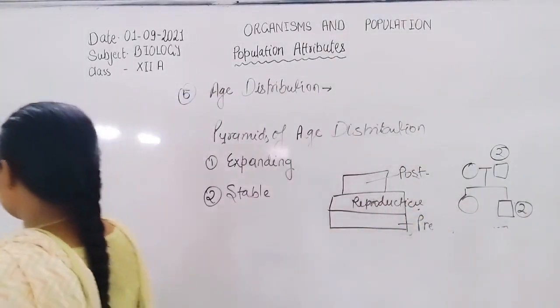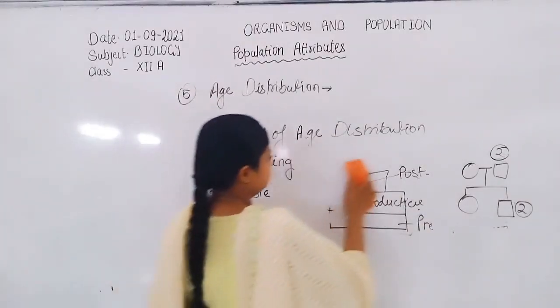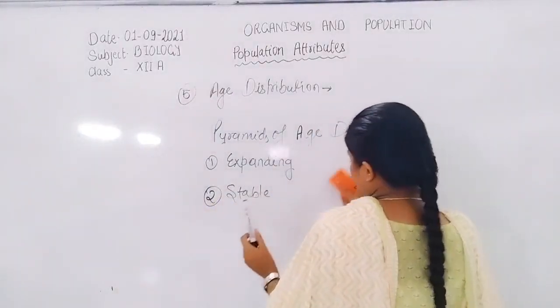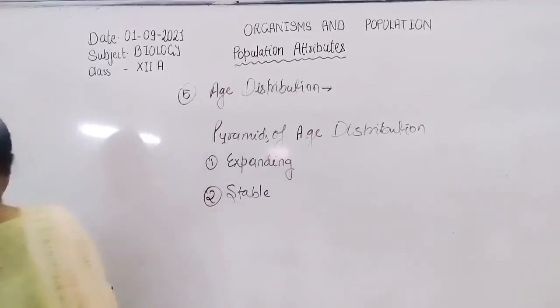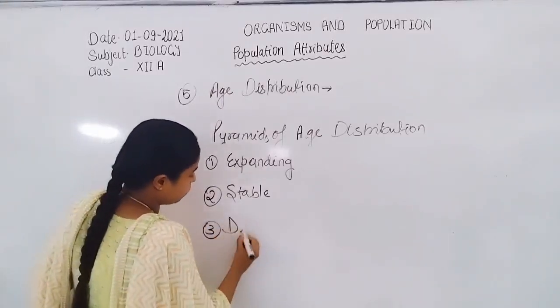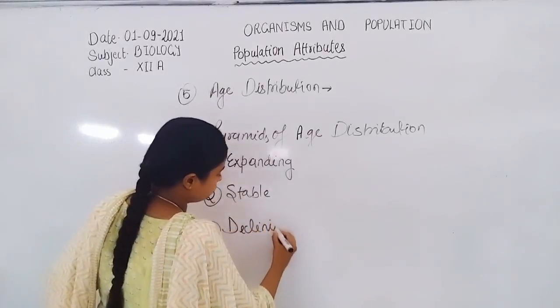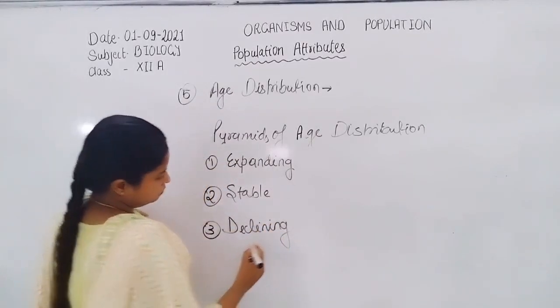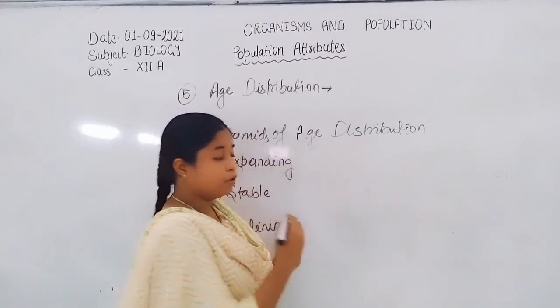Now next is the declining type of population. The third one is the declining population.